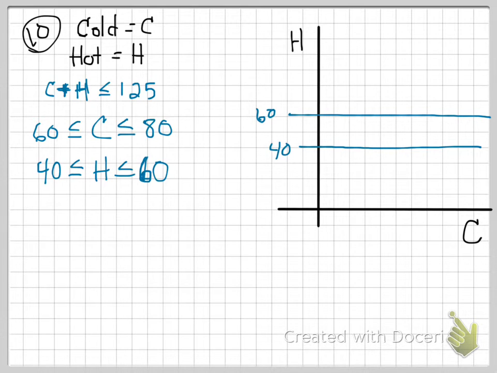Okay. My cold sandwiches are what? They're between 60 and 80. So you got to find 6, 2, 3, 4, 5, 6. So there's 60. And there's 80. My lines are not so straight. You can laugh. Okay? Now let's look at that 125. So that would be at 12, right? 10, 11, 12. Okay? So I'm going to come all the way up.